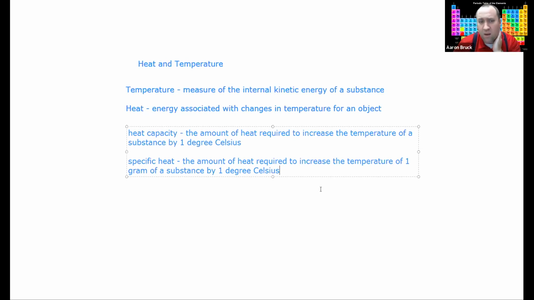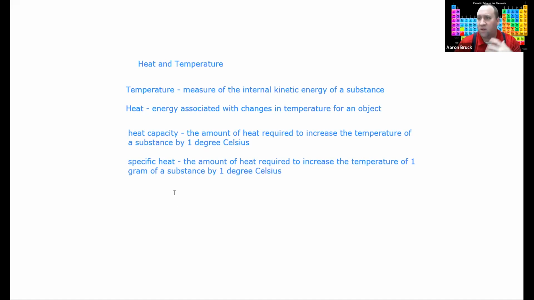So the two measurements, heat capacity and specific heat, are very close to each other as well. We tend to favor this second definition more because it gives us an even playing field. I can compare the specific heat of two objects directly because I know that I'm heating the same amount of each substance.